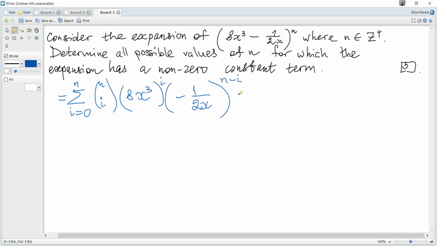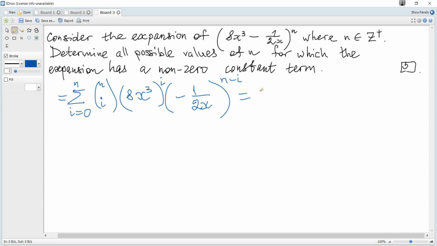And the idea is that since we can see x here, let's simplify it to get finally a single x raised to some power. And actually you can consider a general term and don't write sigma.